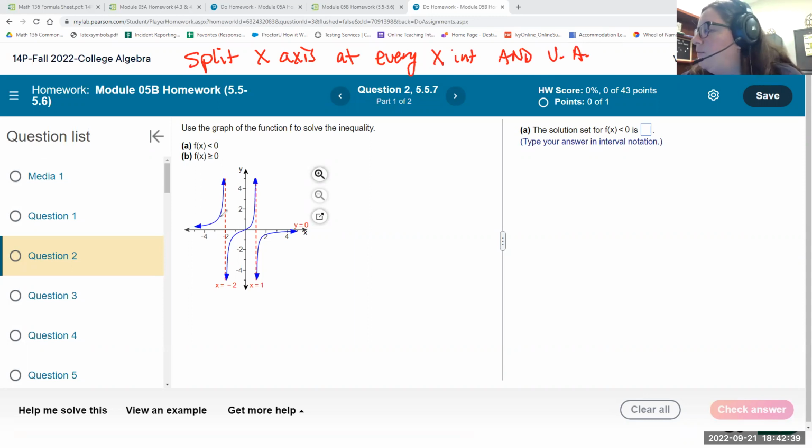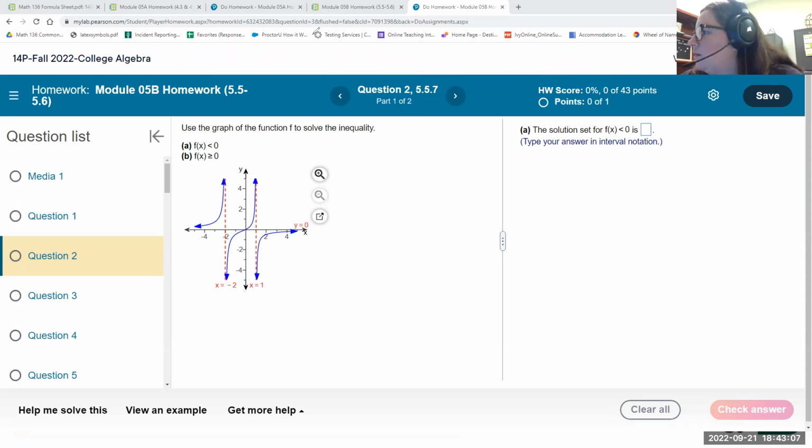Those correspond to factors of the numerator and denominator, but we weren't given the actual function here, just the graph. So I need to look: we have x equals -2 as an asymptote, an x-intercept at 0, and x equals 1 as an asymptote. I think that's all of them.